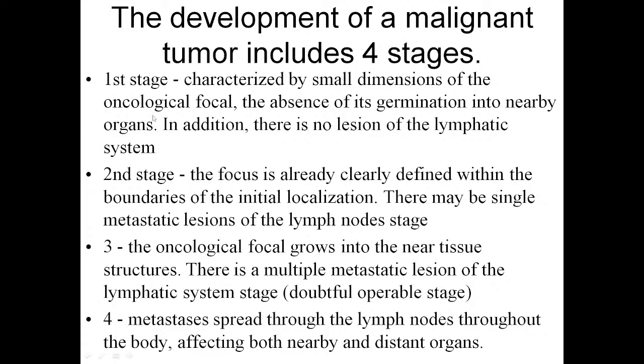When we remove the tumor at the first or second stage, the results are successful. The third stage, the oncological focus grows into the near tissue structures. There are multiple metastatic lesions of the lymphatic system, and this stage is called the doubtful operable stage.